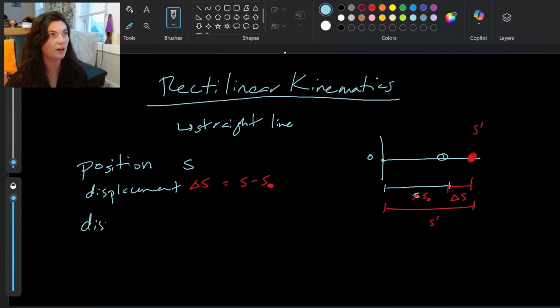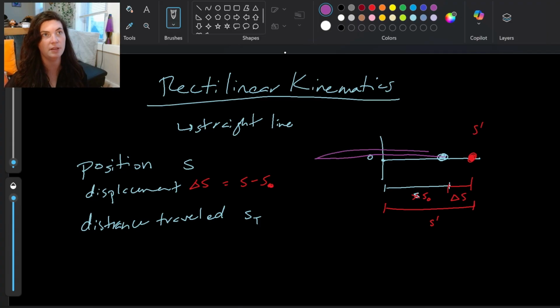So distance traveled, usually we see that denoted with an S sub t, to note that it's like a total distance, total length covered. Because, for example, our particle could have started here, it could have moved back, gone way back past the origin, and then maybe it moved up to S prime.